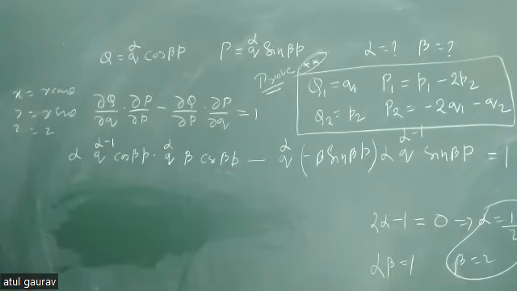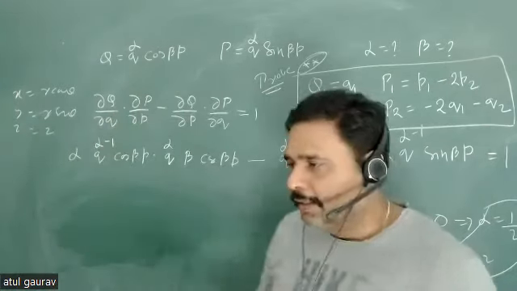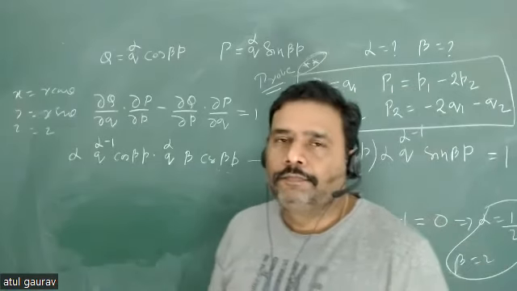So here you have to also calculate the Jacobian. So you will just figure it out. If Jacobian of a transformation is 1, then they are canonical in nature. ठीक है?